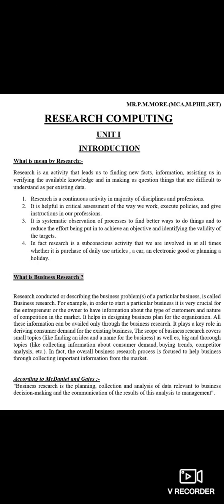So according to McDonald and Gates, business research is the planning, collection, and analysis of data relevant to the business decision making and the communication of the result of this analysis to management.